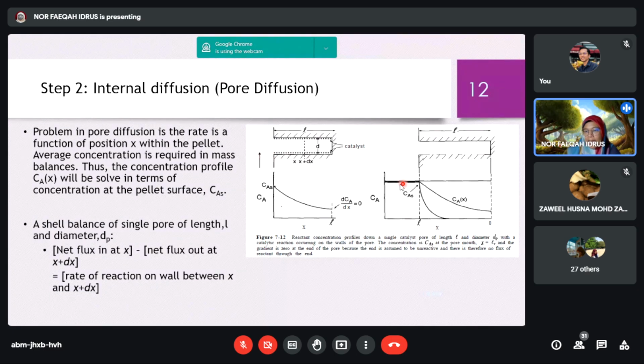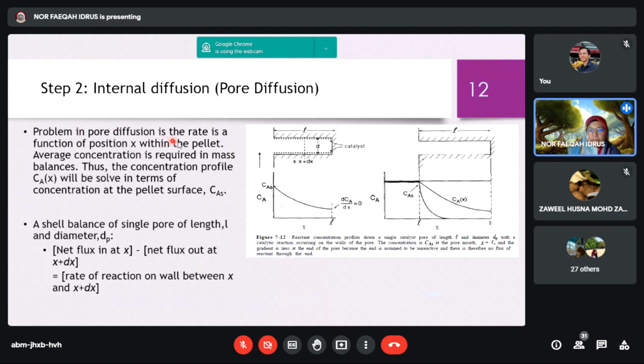So if you look at this curve, you can see the change in temperature gradient. So when the mass transfer occur from the external surface to the interior surface, we need to consider the concentration change along the pore mouth.